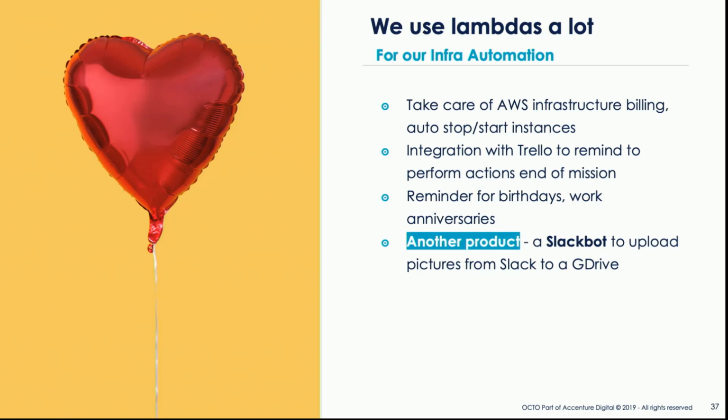And on the same line, we have created another product which is also serverless. It is in the MVP phase as of now, and it is an automation to upload all the photos from your Slack channel to Google Drive.